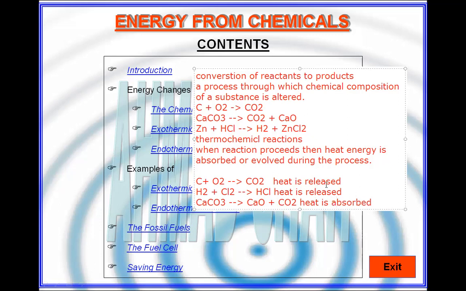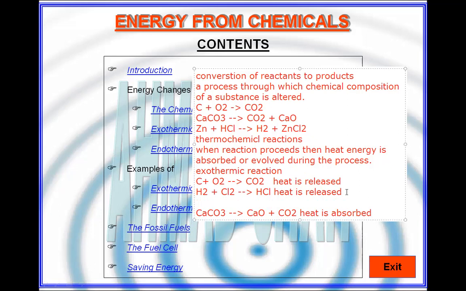Either heat is absorbed or heat is released. If the reaction proceeds by heat being released, it is called an exothermic reaction, while those reactions that absorb heat energy to proceed are called endothermic reactions.